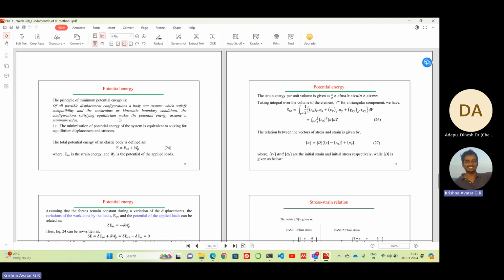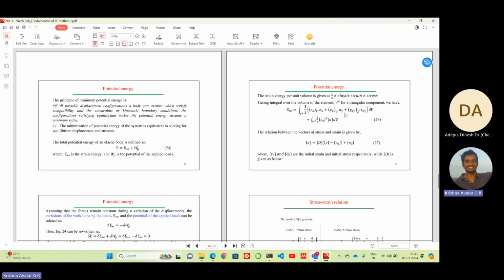So then we use these variational calculus principles to get the minimized result, and it gives us the equilibrium equations. We can express the total potential energy of an elastic body in terms of the sum of strain energy and work potential of the applied loads. For potential energy we require all this.